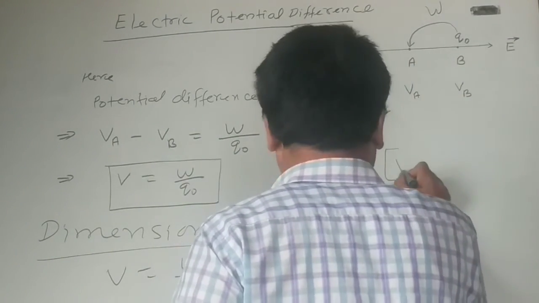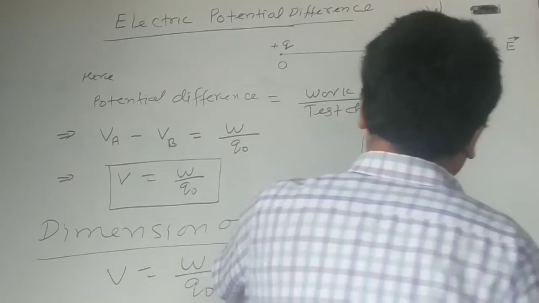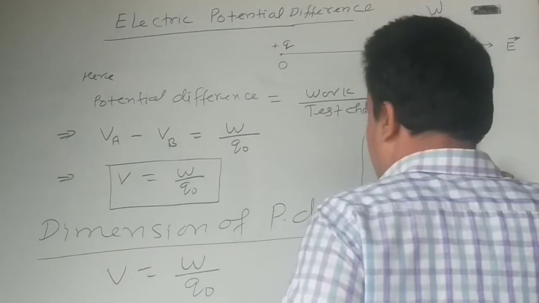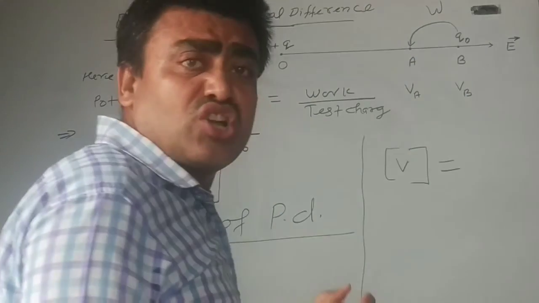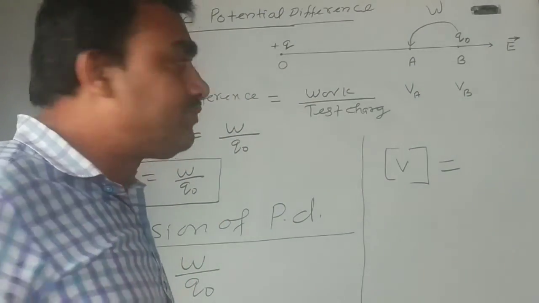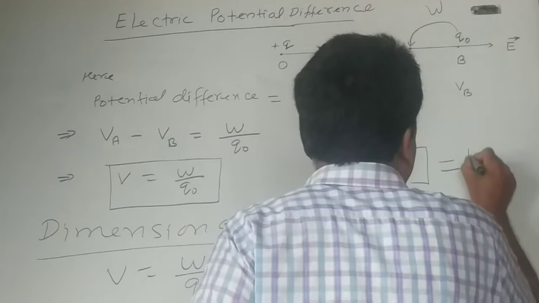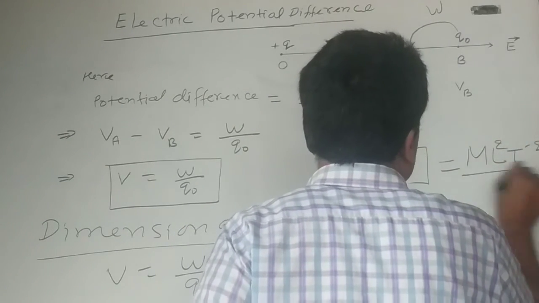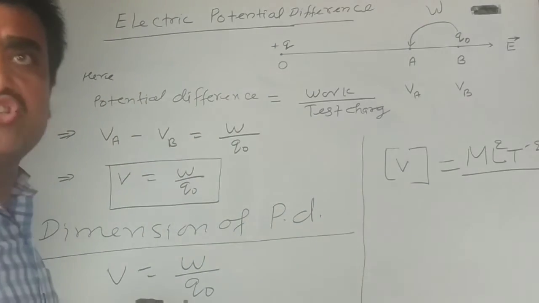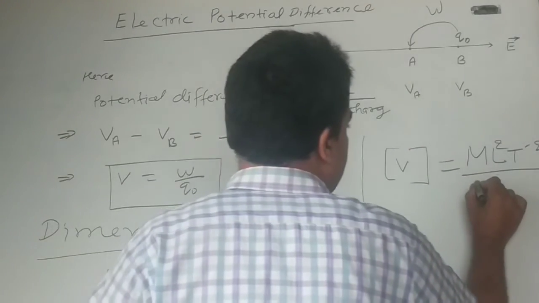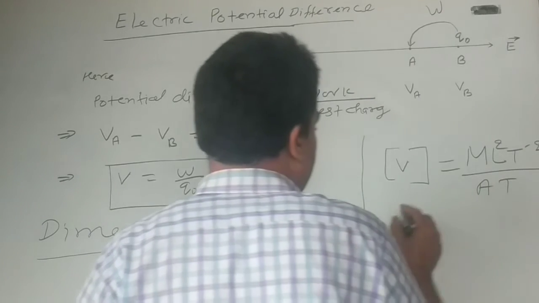That implies dimension of V, in square brackets, is equal to dimension of work, which is ML2T minus 2, divided by the dimension of charge, which is AT.